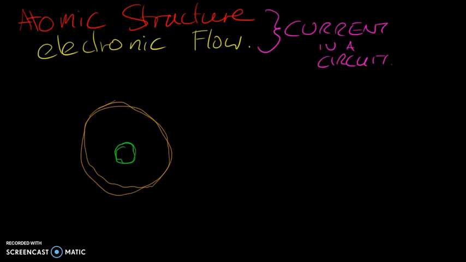Now, within that atom, within the nucleus, which is in the center, we have got a number of subatomic particles. So I'm just drawing here in the red protons. We also have within our nucleus some neutrons, drawn in pink.